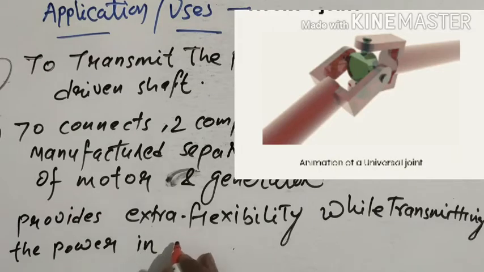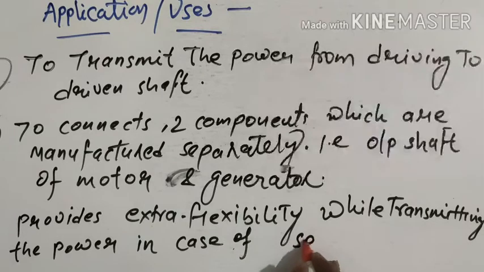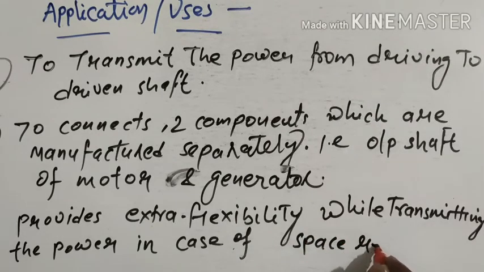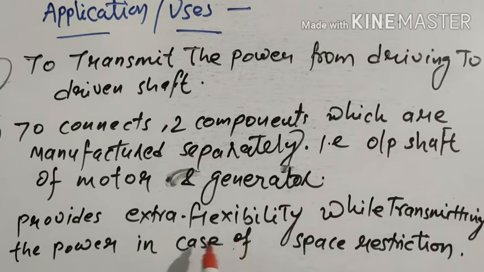In an area where space is limited, where there is not enough space available for the arrangement, extra flexibility is provided, and for this application we use a flexible coupling. So, space restriction areas.